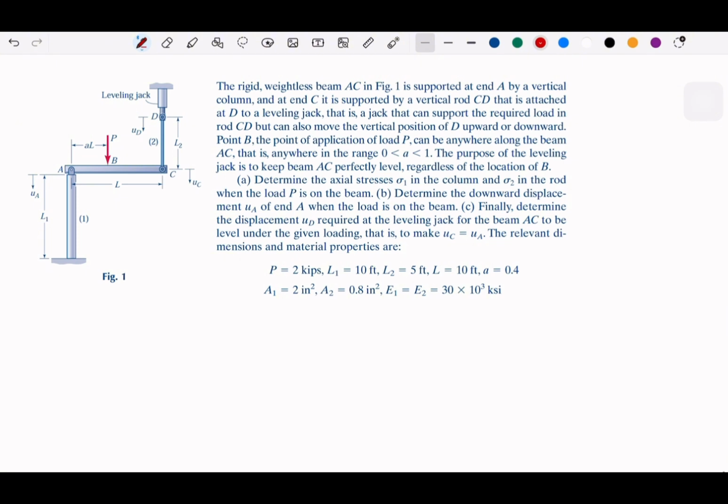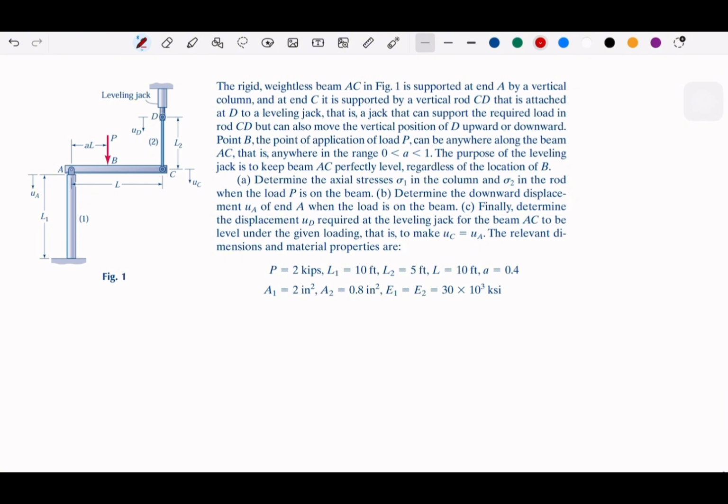So we have a weightless beam, AC, that is our beam. It's supported at A by a vertical column, and at C by a vertical rod that is attached to a leveling jack at D, a jack that can support the required load in CD, and it can also move the position of D upward or downward.